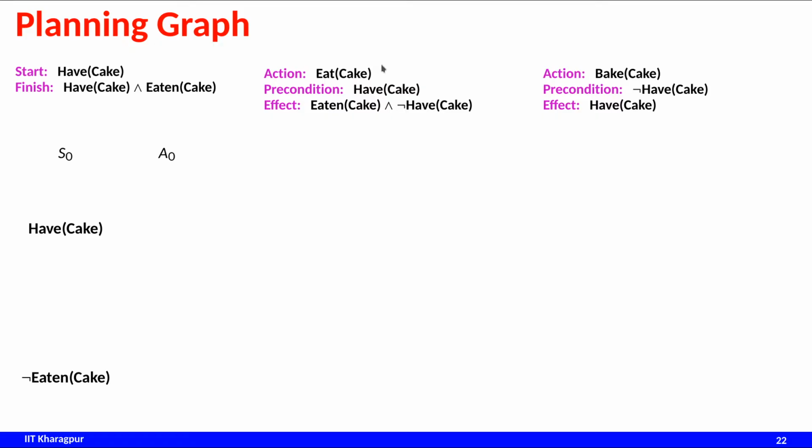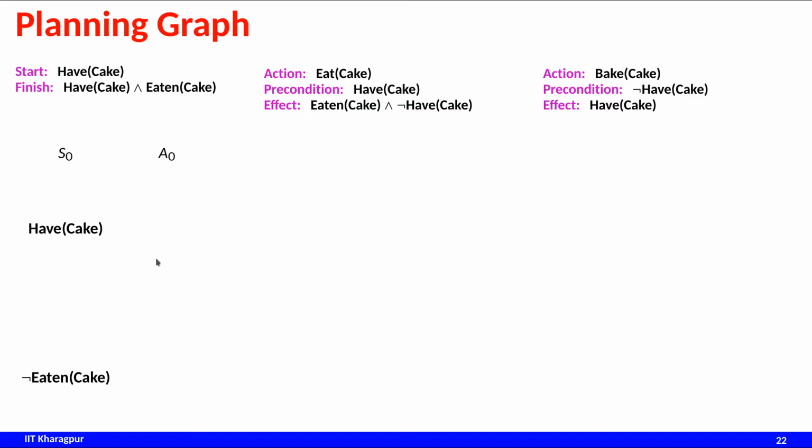I can apply either eat cake or bake cake in every actions level, but depending on the preconditions that are available to me, it may happen that all the actions are not activated.